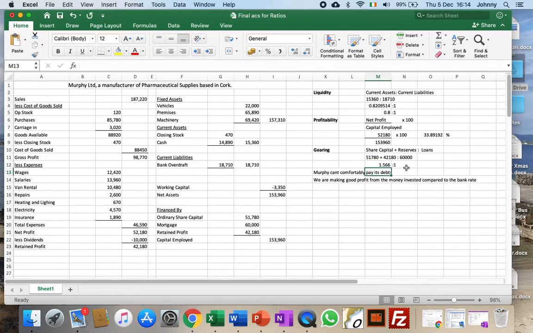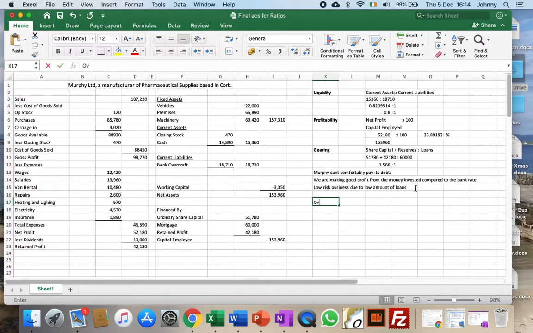So you get 1.56 to 1. So we have 1.5 times the amount of money put in by the shareholders compared to our loans. So you would say we are a low risk business due to a low amount of loans. We borrowed a lot less than we put in by shareholders.